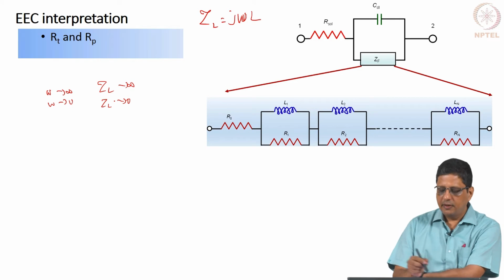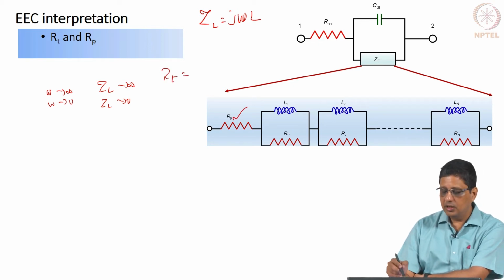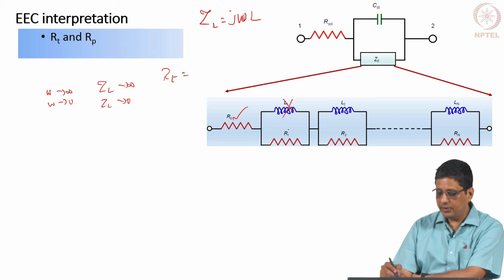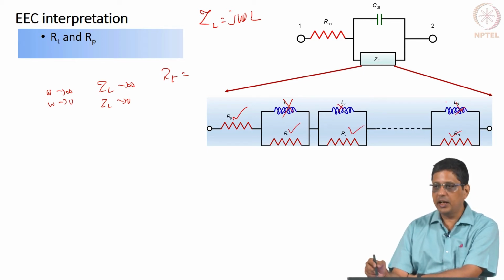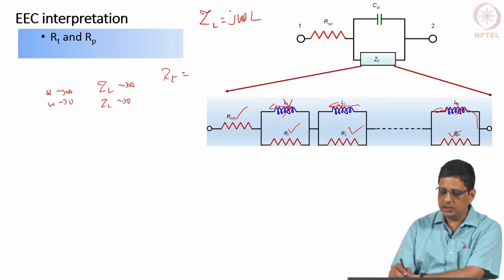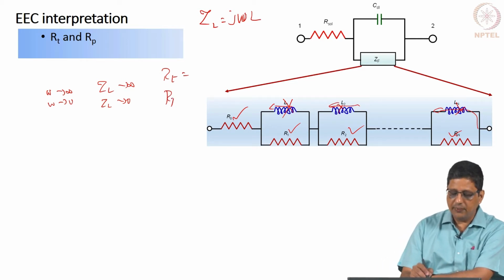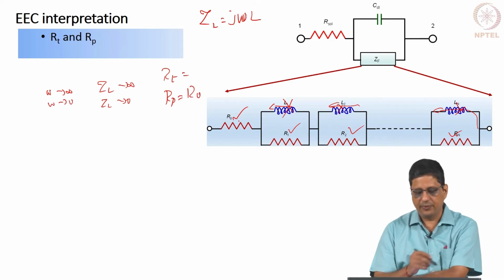That means, when we go to very high frequency, charge transfer resistance is going to be R0 plus R1 plus R2 until Rn, because at high frequency this is an open circuit. At 0 limit, nothing is going to go through this, it is going to short circuit through this and through this and through this. It is going to see only the first resistance that is present there.